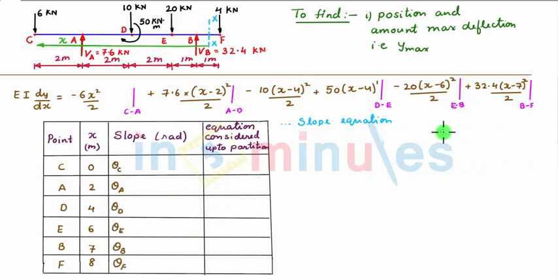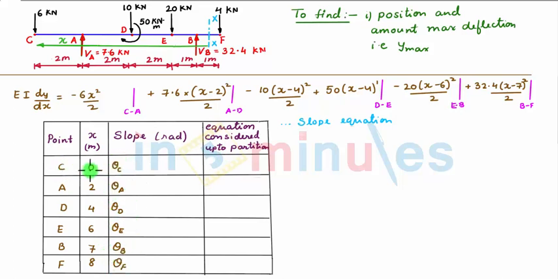So we have this slope equation and we have plotted a table which denotes different points C, A, D, E, B and F, and this column shows the values of x of these points from origin C. So by substituting the values of x in this slope equation and by considering the equation up to respective partitions, we calculate these slopes from theta C to theta F.